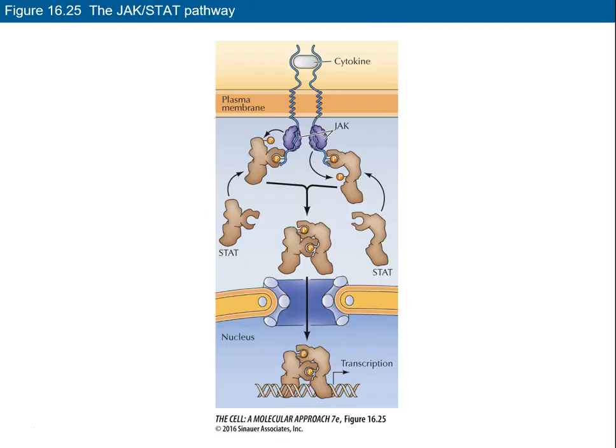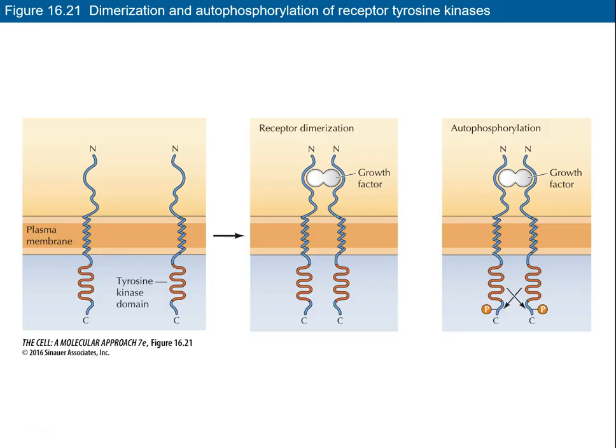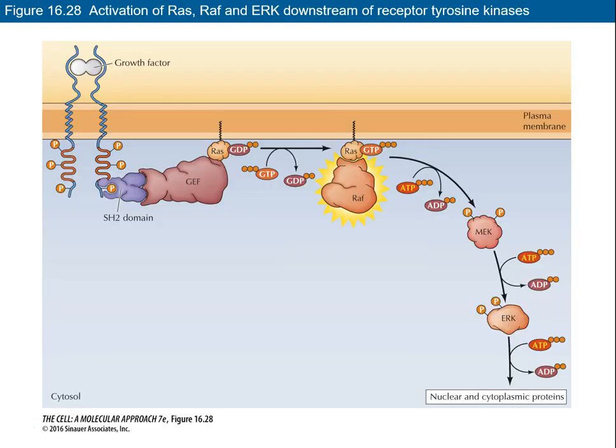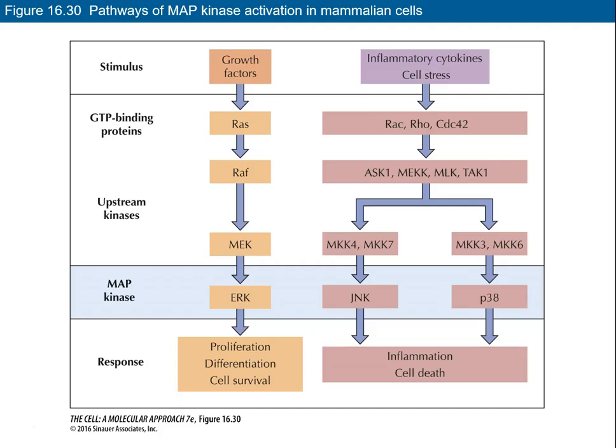I gave you some examples showing some signaling pathways that are initiated by the binding of cytokines and also by the binding of growth factors. Then there was this summary slide where we compared the effects of growth factors versus cytokines, and saw that they are basically opposites of one another.